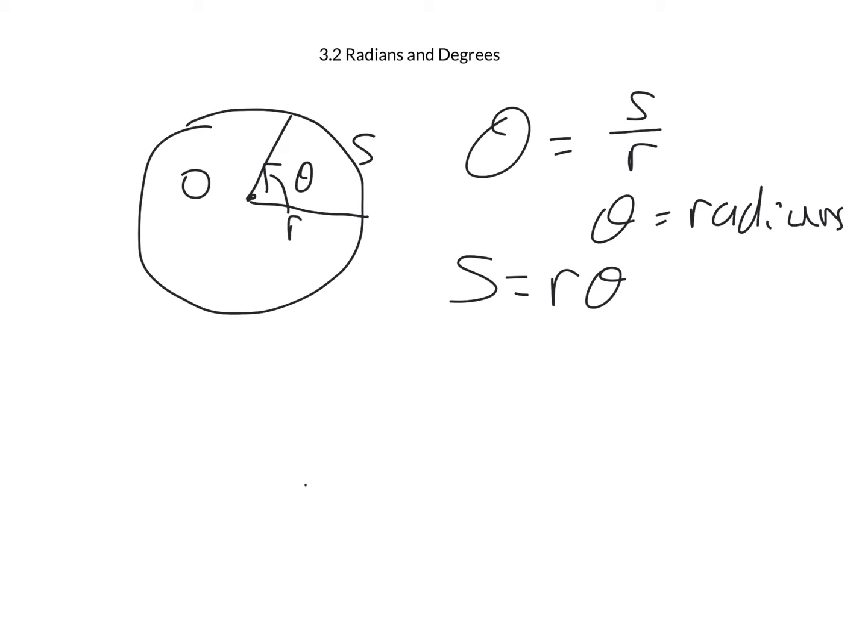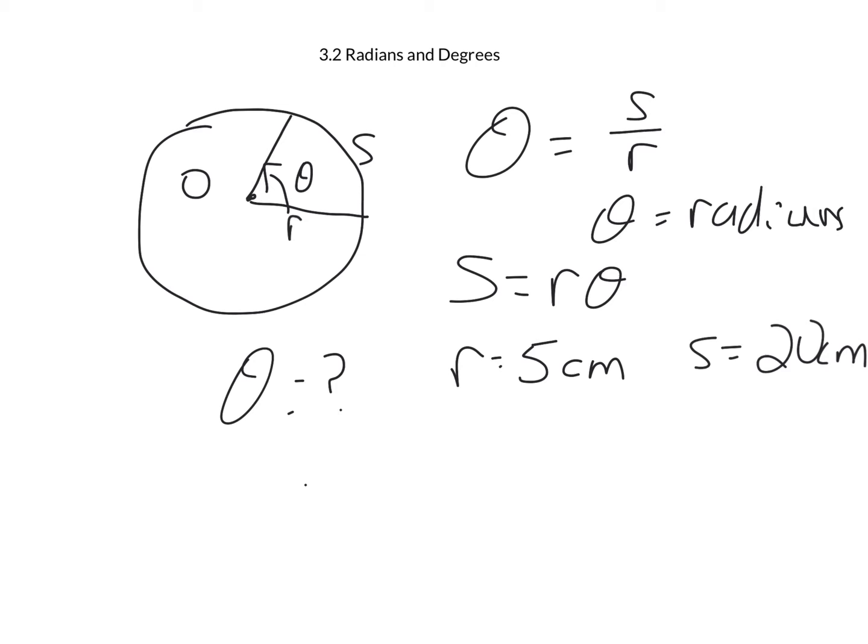Okay, let's do an example of that. Let's say we don't know what theta is, and let's say R is equal to 5 centimeters. S, the arc length, is equal to, let's say, 20 centimeters.